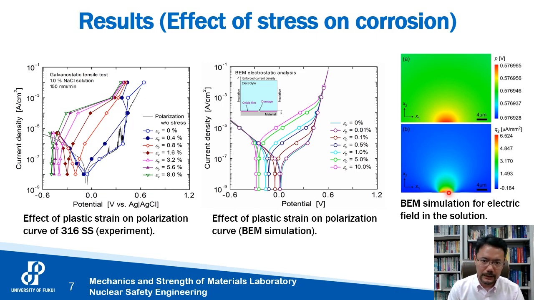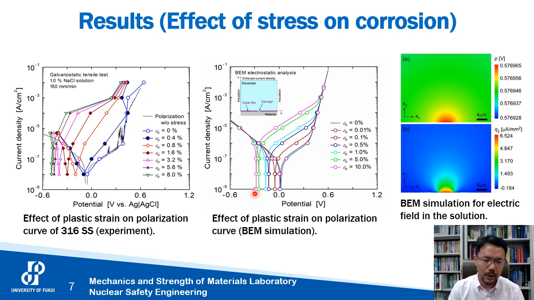So this kind of simulation gave this kind of polarization curve. And then we can see similar results, that is the decrease in the natural potential and increase in the current density. So experiment and calculation show a good agreement qualitatively.